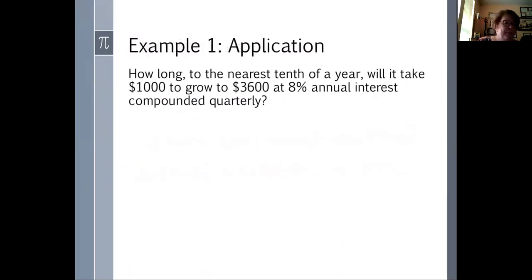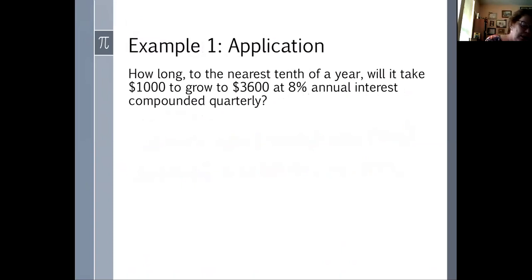All right, a couple of applications. How long to the nearest tenth of a year will it take $1,000 to grow to $3,600 at 8% annual interest compounded quarterly? So we got the compound interest formula for discrete compounding periods in the first section of this chapter.